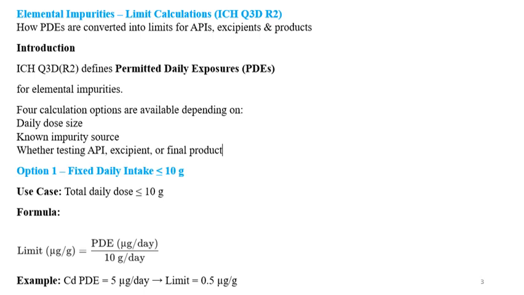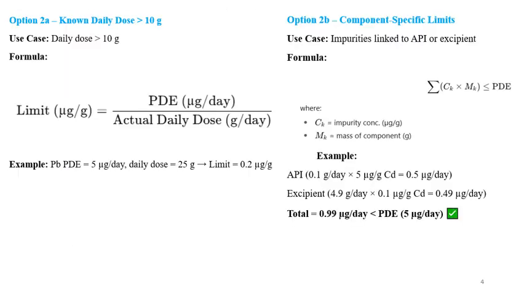You can see in the formula, PDE is divided by 10. PDE is in microgram per day and the daily dose is in gram per day, so the limit will come in microgram per gram. If cadmium is considered as an example, 5 microgram per day PDE divided by 10 will be 0.5 microgram per gram. This is Option 1.